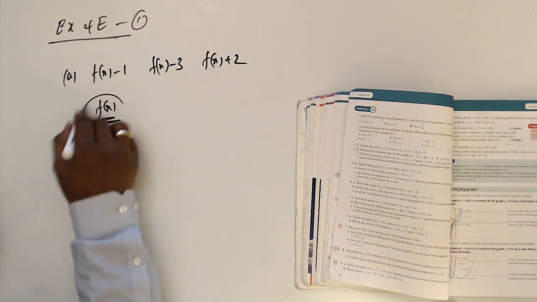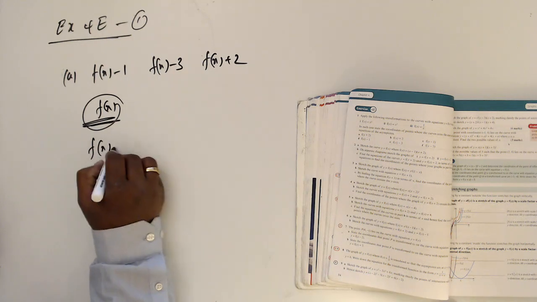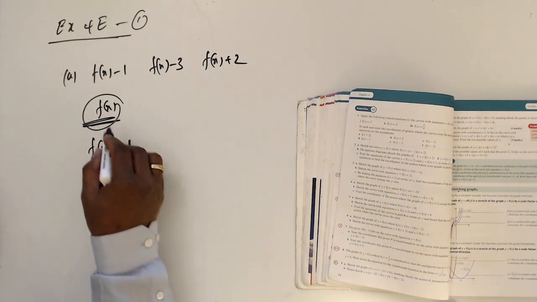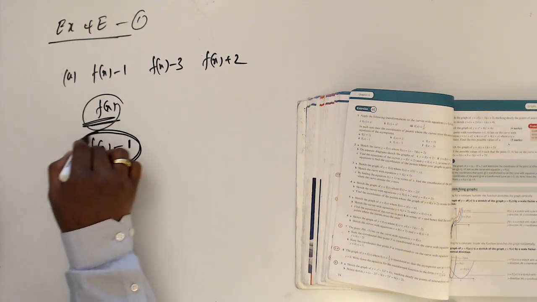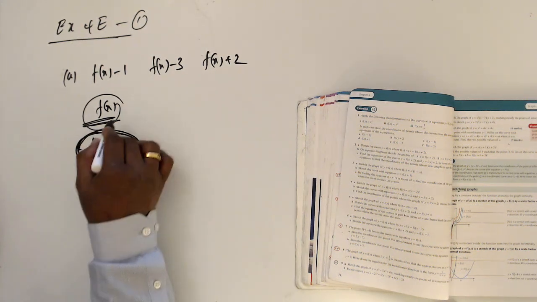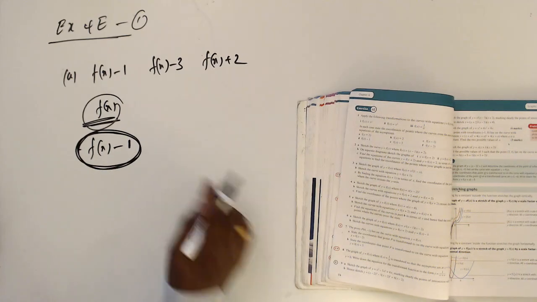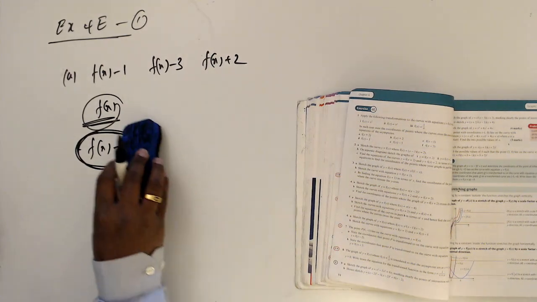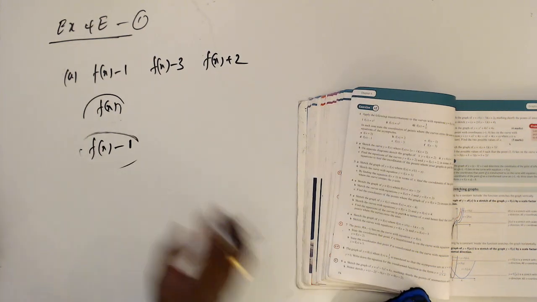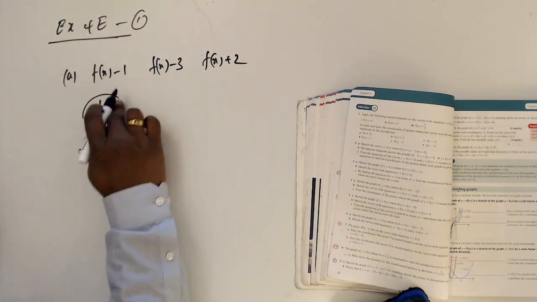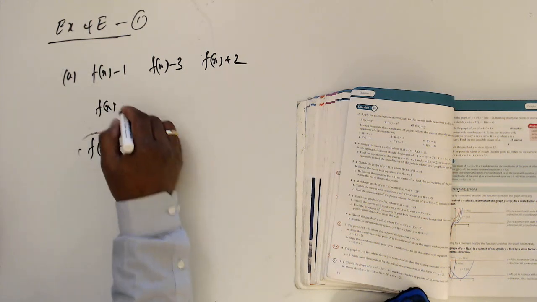Now, when you look at f(x) minus 1, what kind of changes do we have to make to f(x)? We know that we have to shift the f(x) curve down by 1.